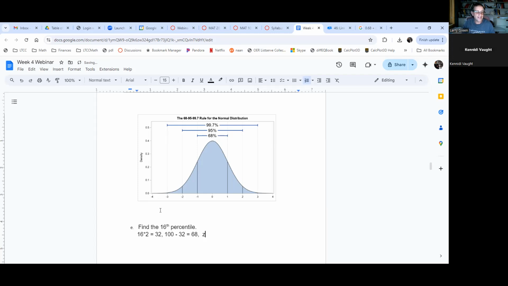So what is Z? So what's Z? Yeah, Z is -1 because we're on the low side, and 68% is in between, which means we're at -1. Any questions on this example? Very similar to the last one.